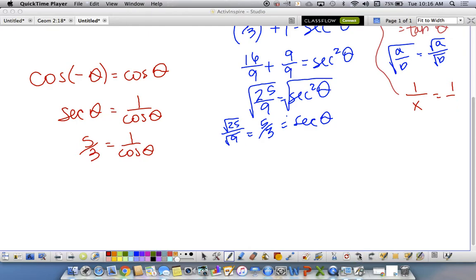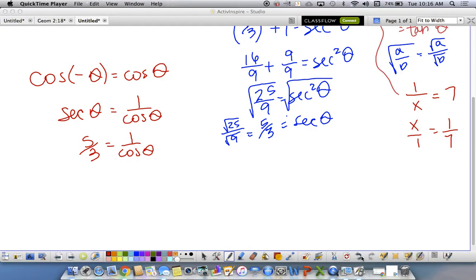If I wanted to say 1 over x equals 7, I could still flip both sides. That makes sense. Can I do that with cosine? Yeah. So you can take the reciprocal on both sides. What you do to one side, you just do to the other, and it'll stay equivalent. So can I just take the reciprocal of both sides?